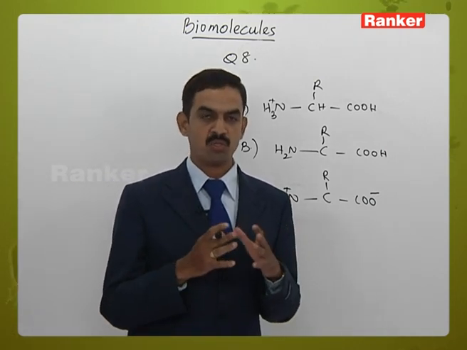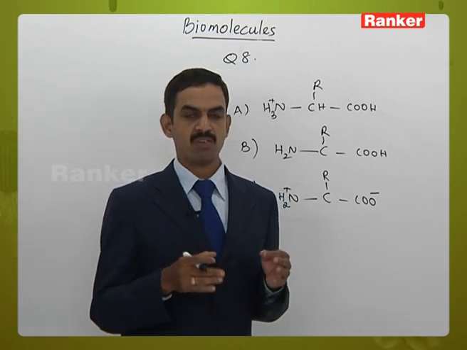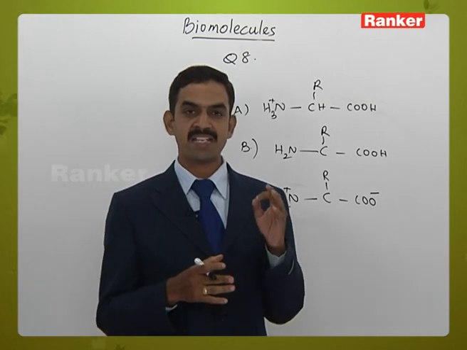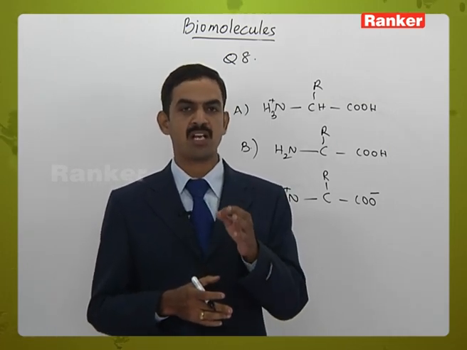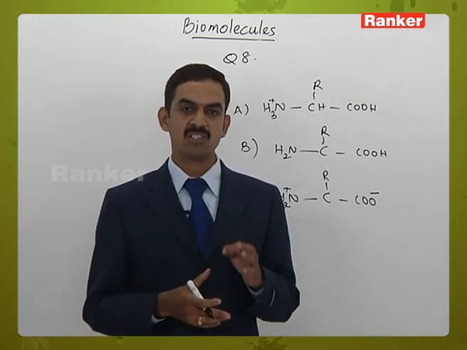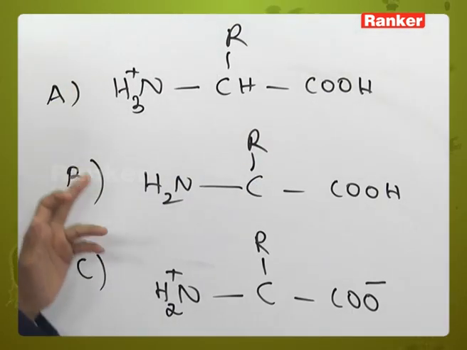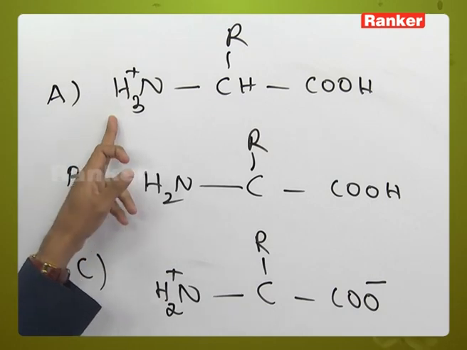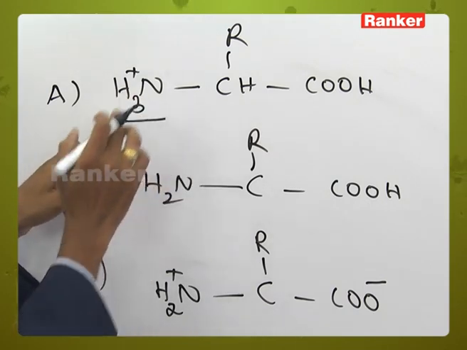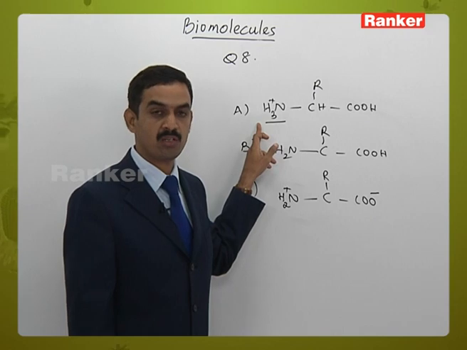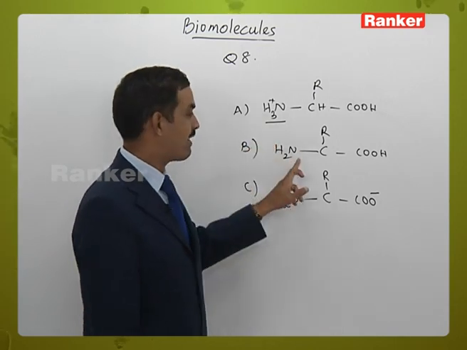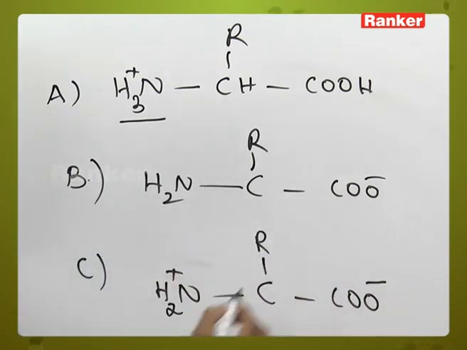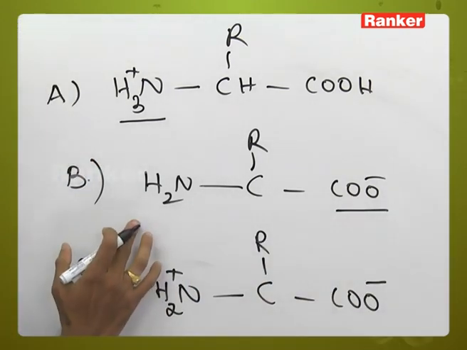So first let us come to the point, what is a Zwitter ionic form. A Zwitter ionic form is one which contains both a negative charge and also a positive charge on the amino acid structure. So out of the given options, let's take the first one. Here COOH is there and NH3 plus is there, that is the cationic form, only a positive charge is present, whereas in the second one, B, it has only a negative charge, that is COO minus, but there is no positive charge.